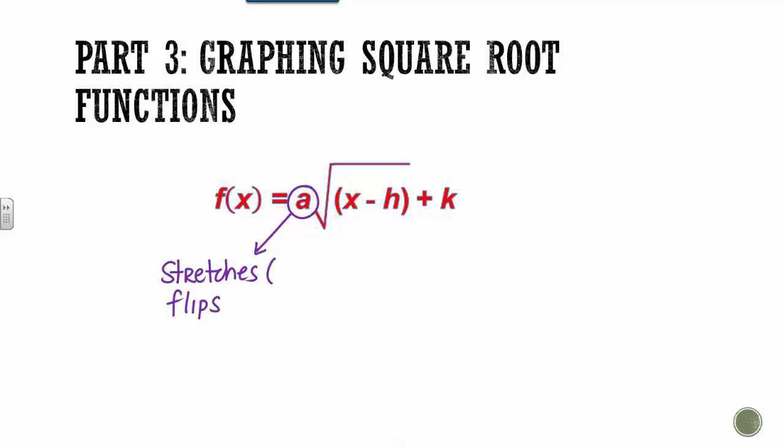It will stretch it if you multiply by a number bigger than 1. So if a is greater than 1, it makes it hop up more. And if a is less than 1 but bigger than 0, it makes it flatter. It flips it if a is negative.